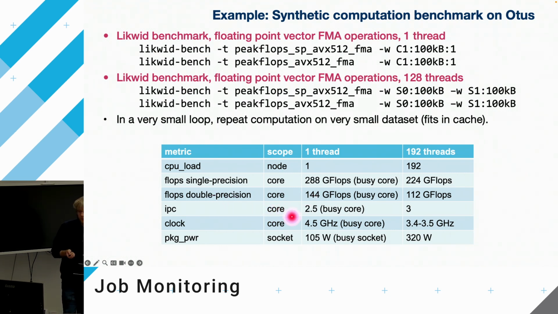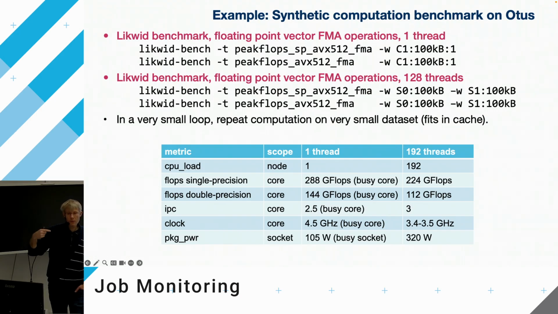And we have a higher IPC, instructions per cycle, and we see again that the clock goes up to 4.5 because only one thread is executing something and the other cores are idling.